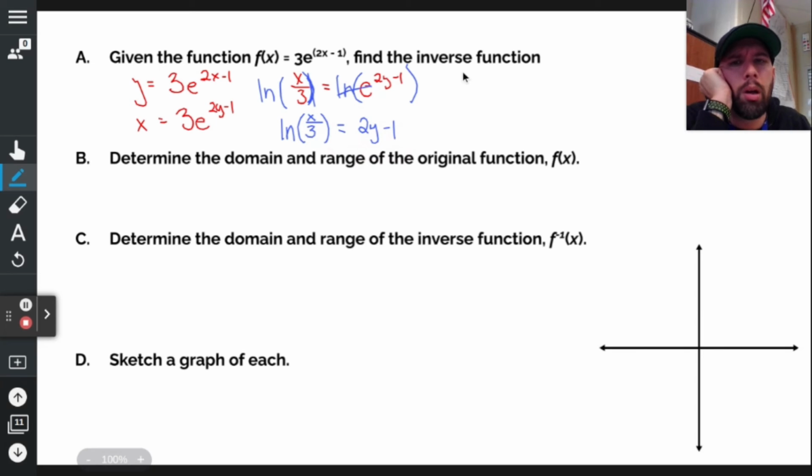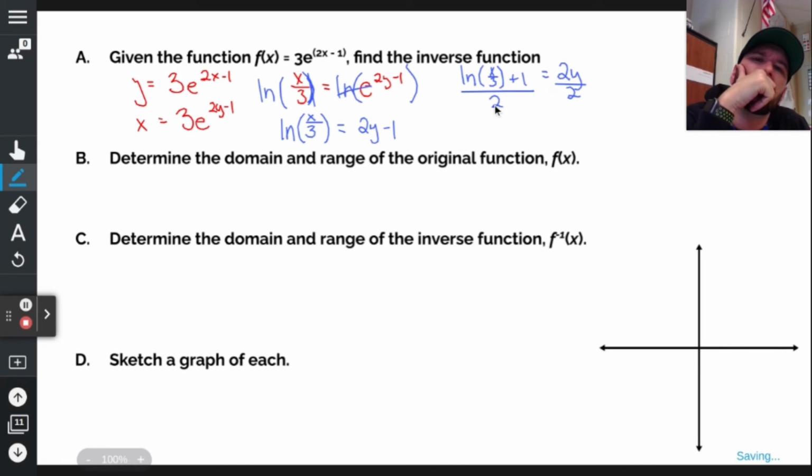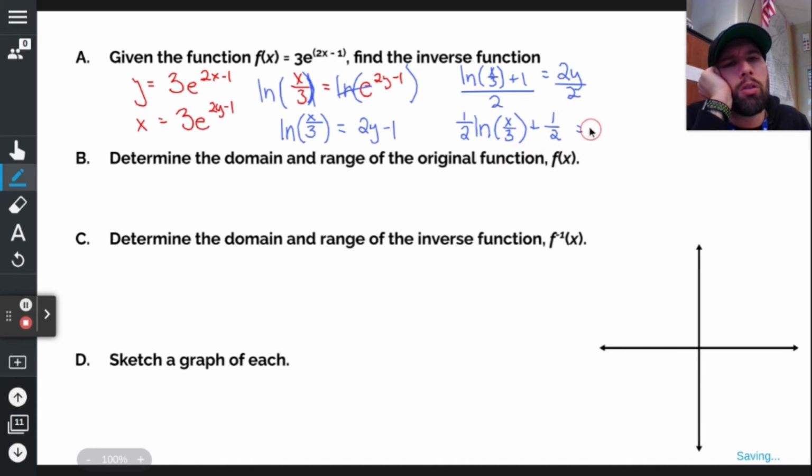So let's add 1. ln of x over 3 plus 1 equals 2y. Divide both sides by 2. And that could be written out as 1/2 ln of x over 3 plus 1/2 equals y. Now, why did I do that?